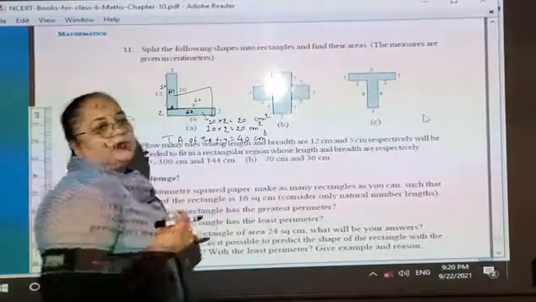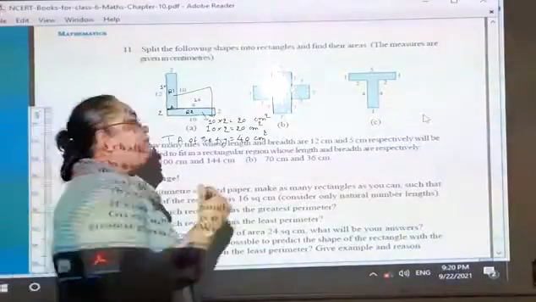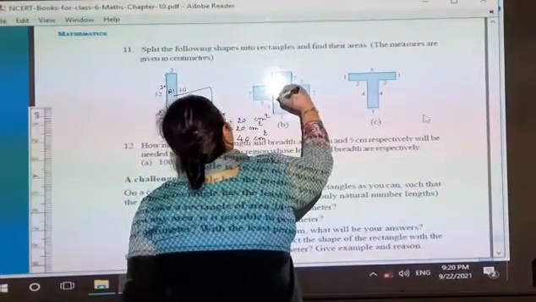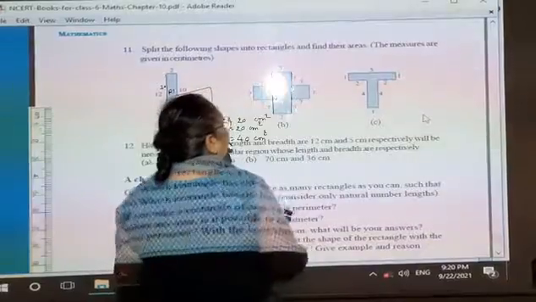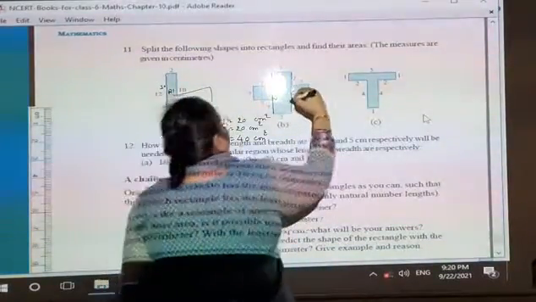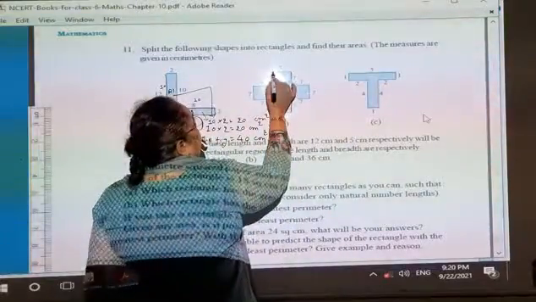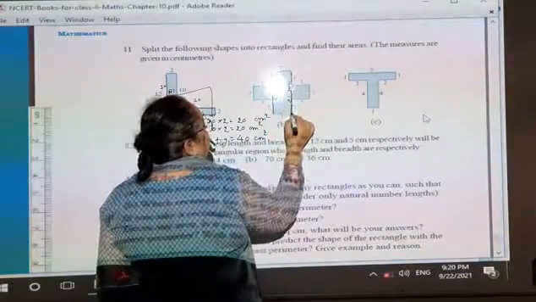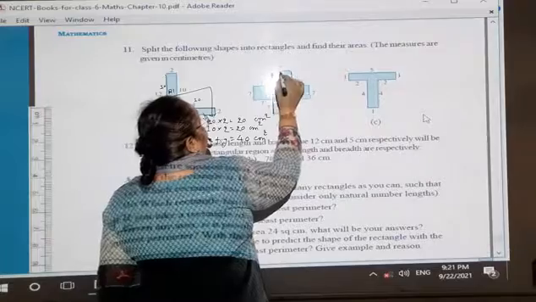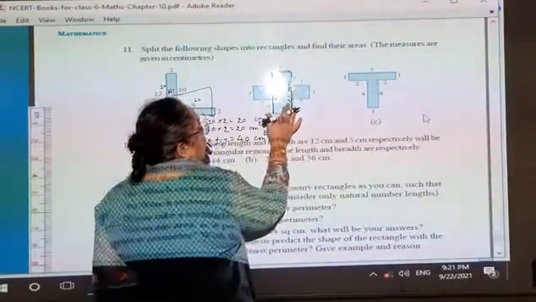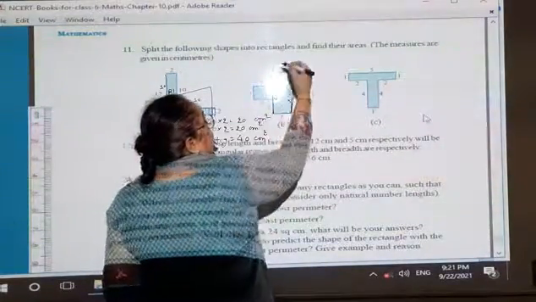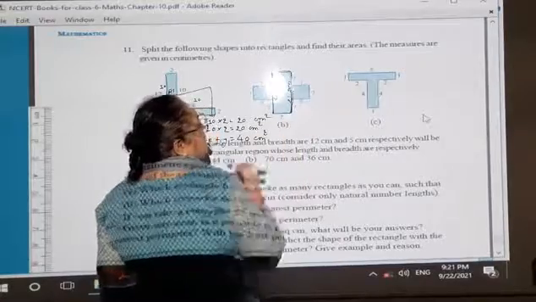So 3 times 7 will be 21 centimeter. This opposite side will also be 21 centimeter. I am talking about this rectangle. Clear? So one side is 21 centimeter, this side is 7, this side is 7.